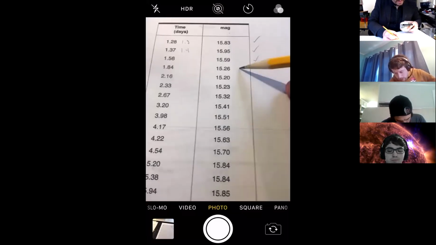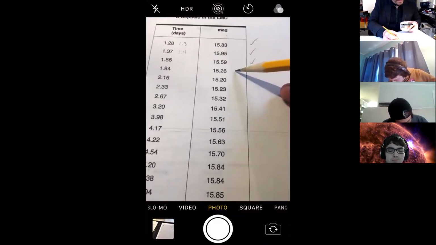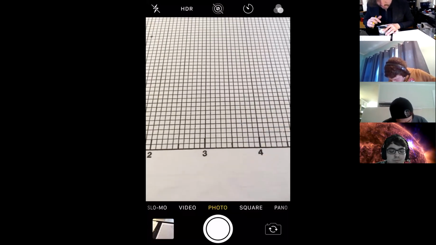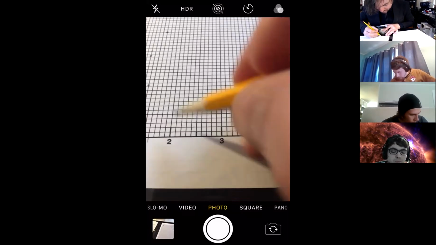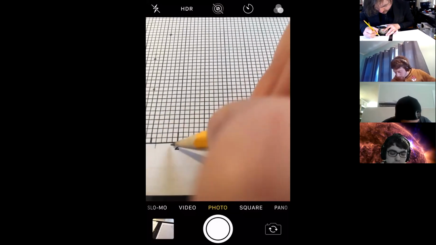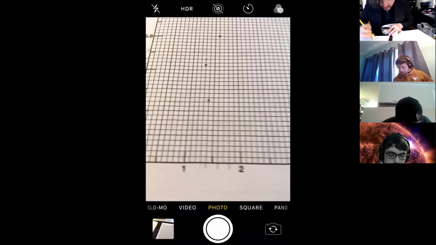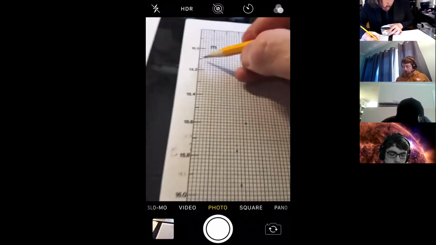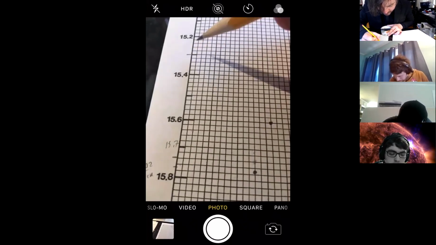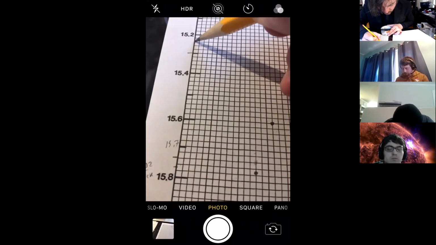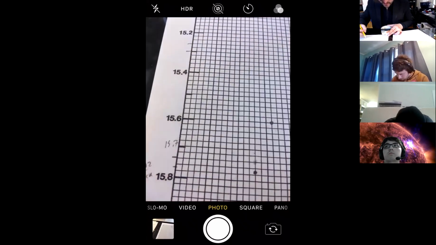1.84, 1.8 and 15.26. So 1.84 is 1.8, and then 15.26, whoa, 15.3, 15.22, that's 15.26.